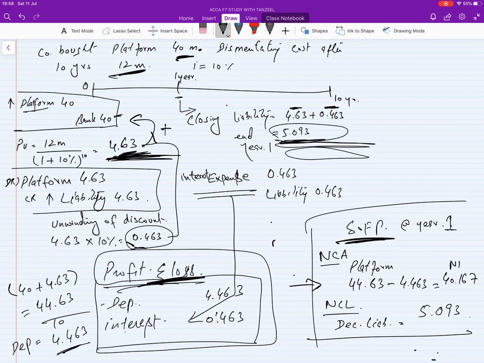So this will be NBV at the end of year 1, and the liability will be this. So we have completed the whole of IAS 16. It is best if you practice this standard. It's very important, and every time the examiner will ask a question on this.